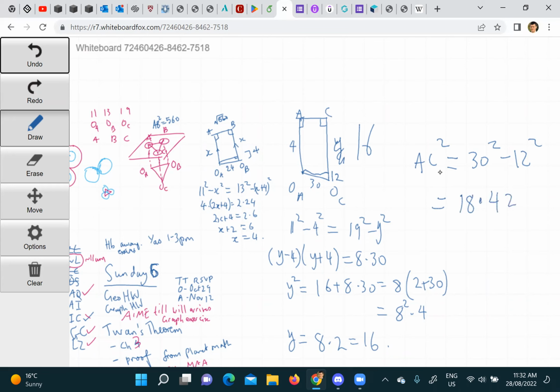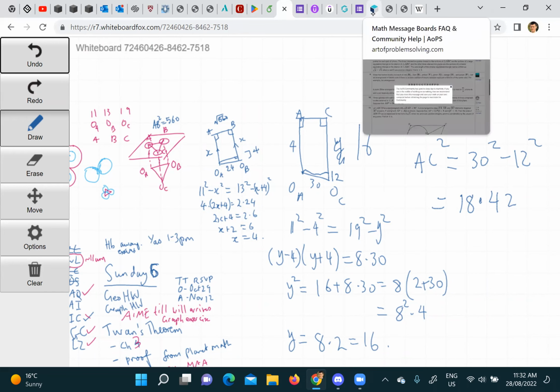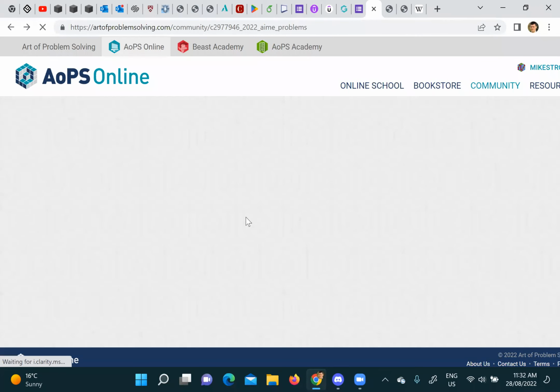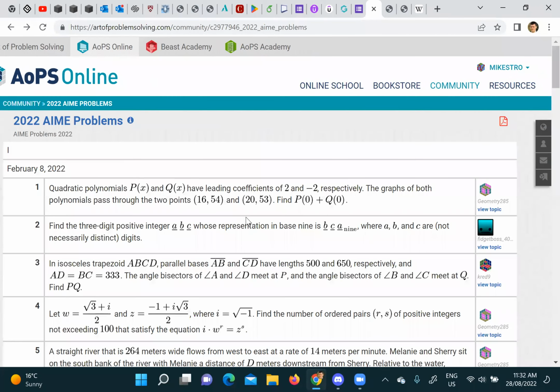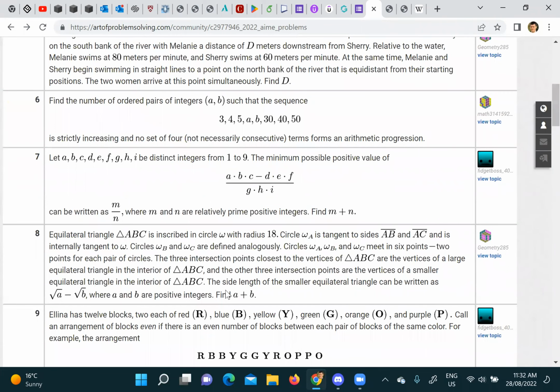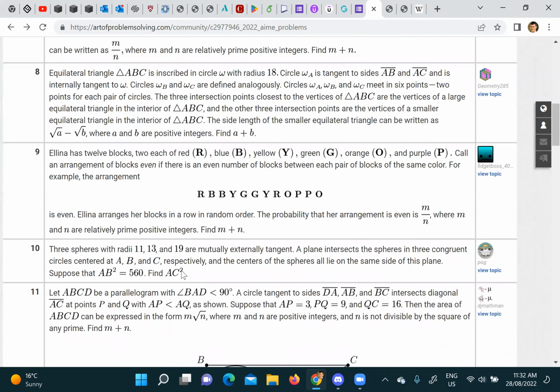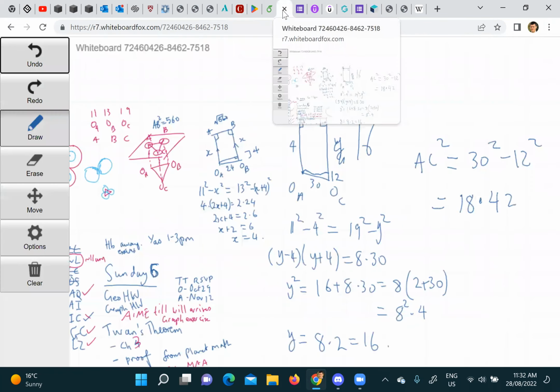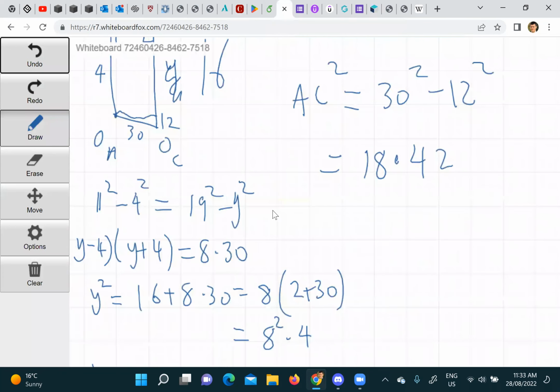What did we ask for? We asked for AC squared. Otherwise it will be a square root, and you can't put that in the question slot. Yeah, AC squared. Sure. Wow, you guys are amazing. Okay, so what's 18 times 42?